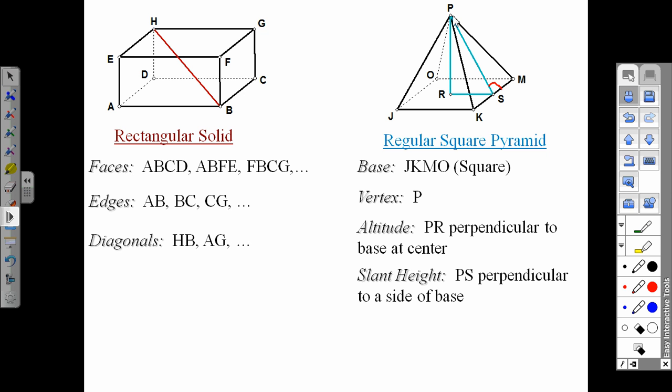But if you take into consideration the slant height and the altitude of the pyramid, these 2 sides, when you connect the center down here to the midpoint, form a right angle as well, or form a right triangle. So this is a right triangle right here. There's a lot of right triangles within this pyramid, and depending on the information they give you, they're going to ask you to find specific sides. Okay, so that's what we're going to be doing in this section.